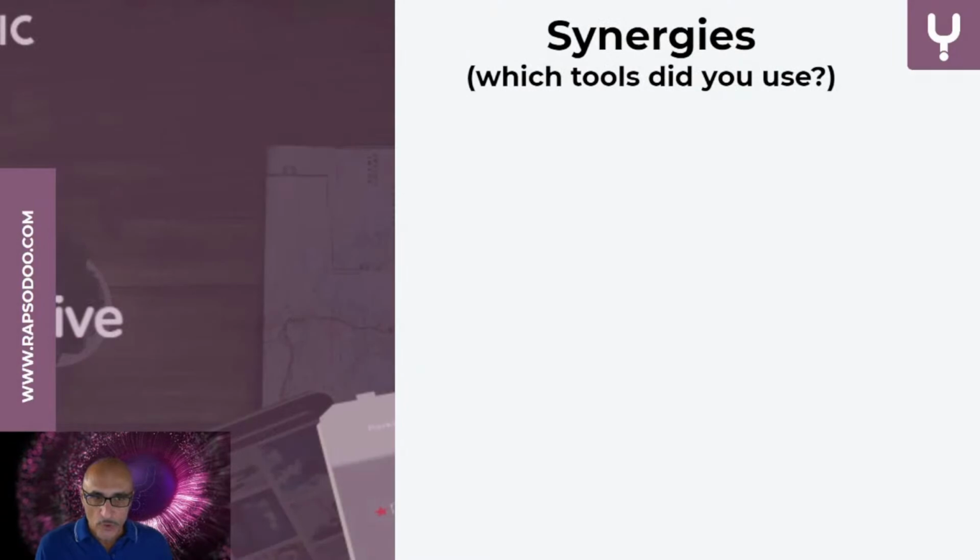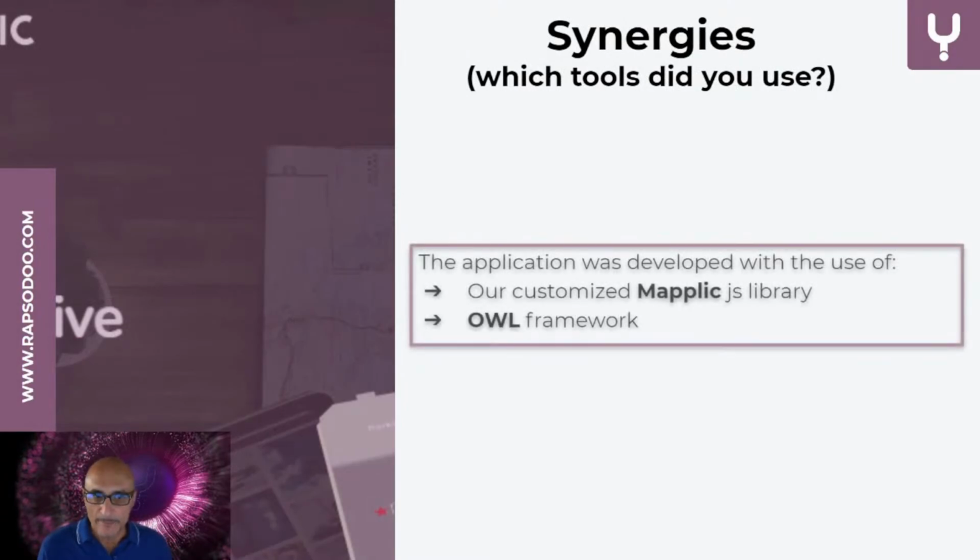Synergies. Web pin map has been built using the old framework wrapping a customized version of Maplik. So the main component of our widget, the core, is Maplik, a JavaScript library that you can buy online for about $40 license.